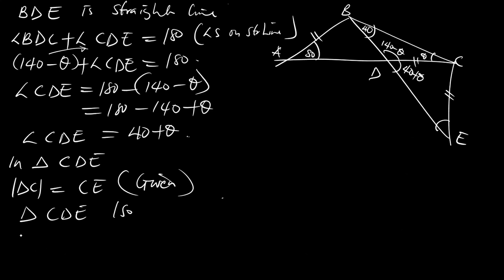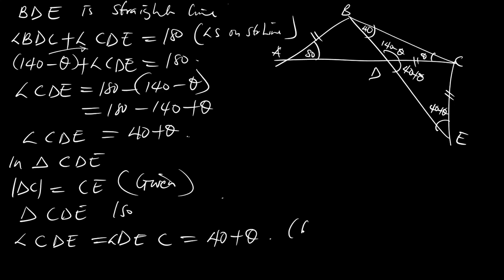So that means angle CDE is equal to angle DEC, which is equal to 40 plus theta. We call them the base angles of the isosceles triangle.